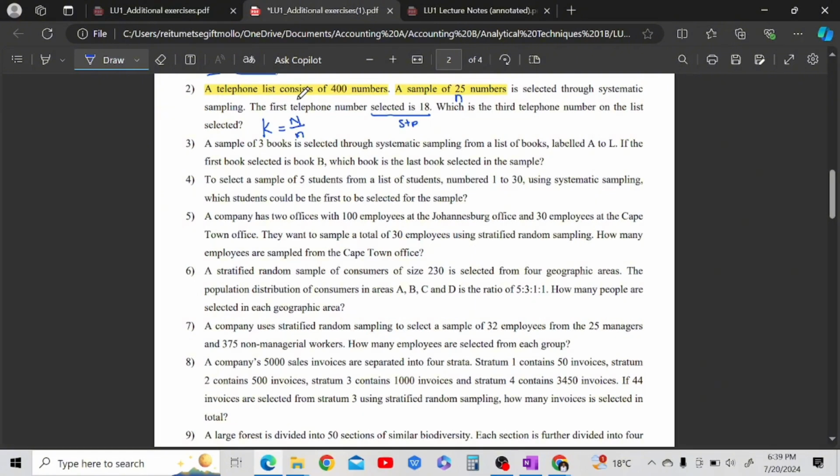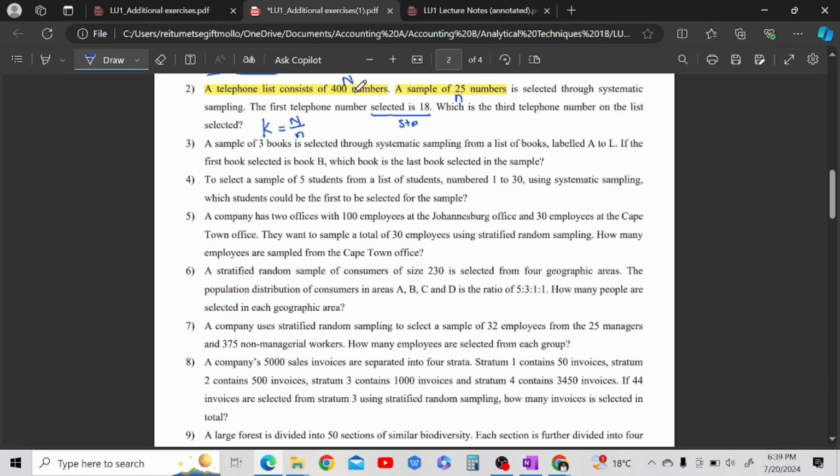So it means that this 400 is going to be our population because we sampled from this 400. You can only sample from your population. Out of the 400, we only sampled 25 numbers.